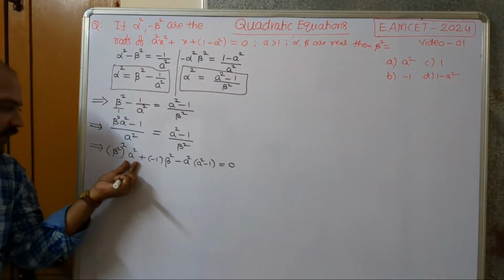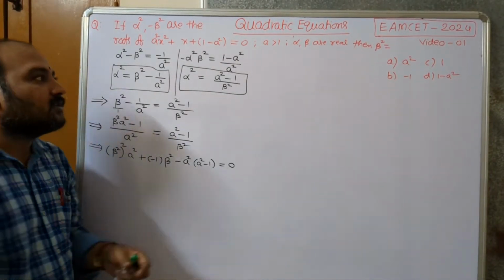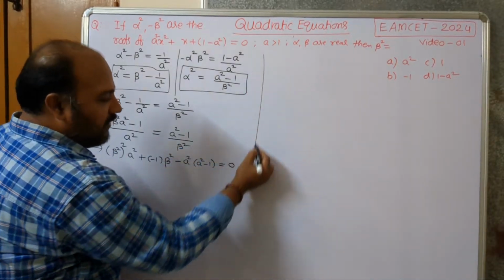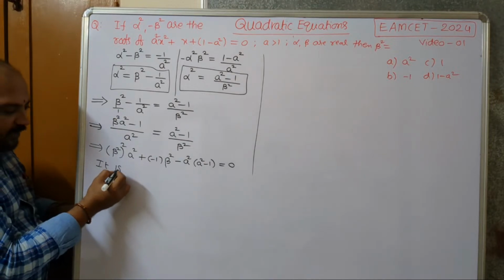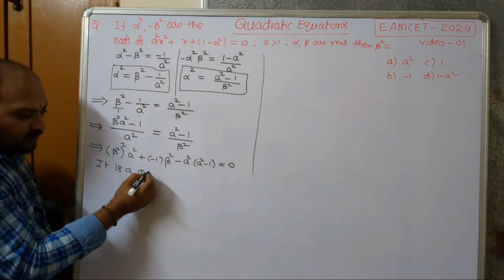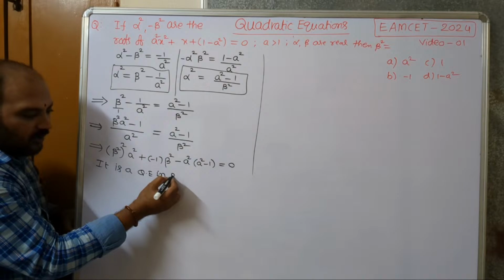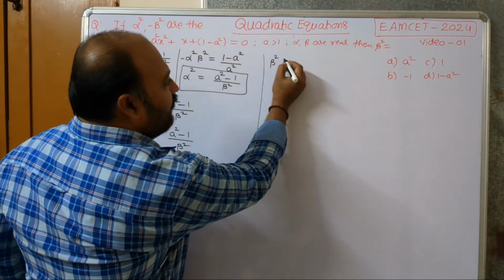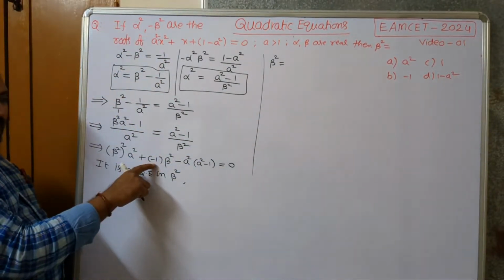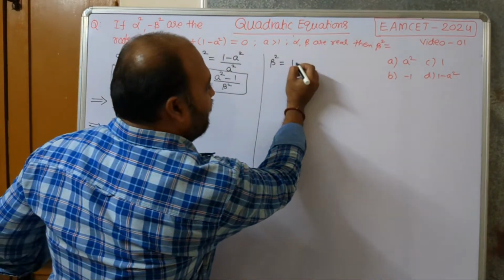This is A, this is B, this is C. So they are asking to find beta square value. It is a quadratic equation in beta square. So beta square is equal to minus B plus or minus. Minus B means minus of minus 1.